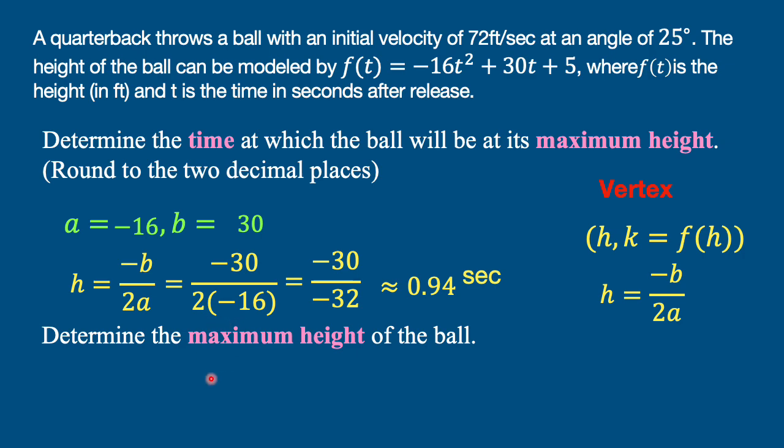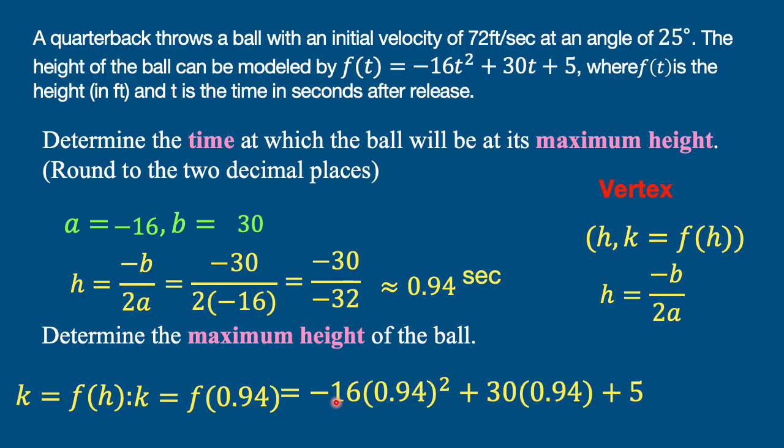What is the maximum height? For the maximum height, you plug in the h in here. So k is gonna be f of 0.94, which means negative 16 times 0.94 squared plus 30 times 0.94 plus 5.